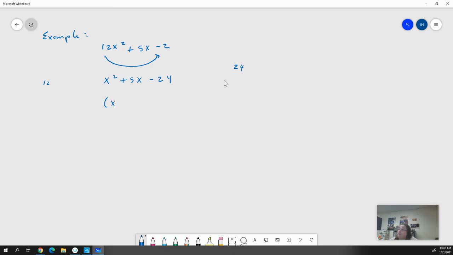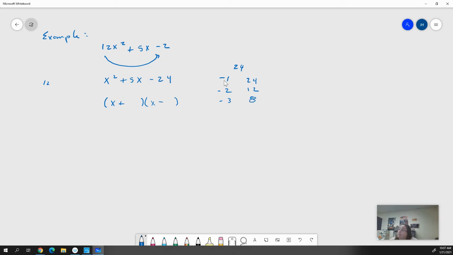What do we know about them? We know that we're going to have x plus something times x minus something because we have an end term that's negative. We know our bigger one will be positive because this is positive. So let's look at our factors of 24. We've got negative 1 times 24, negative 2 times 12, negative 3 times 8.